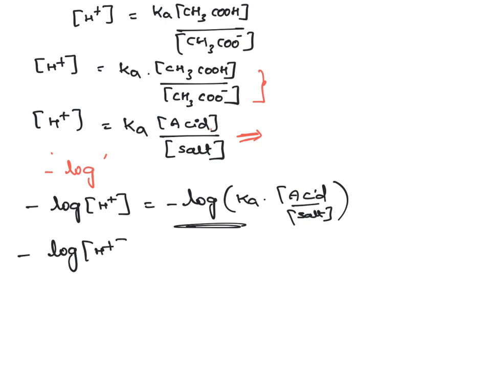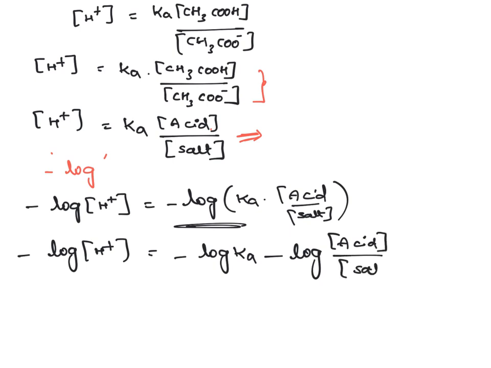Expanding that, minus log Ka, since log of A into B is log A plus log B, and here minus log of acid concentration by salt concentration.